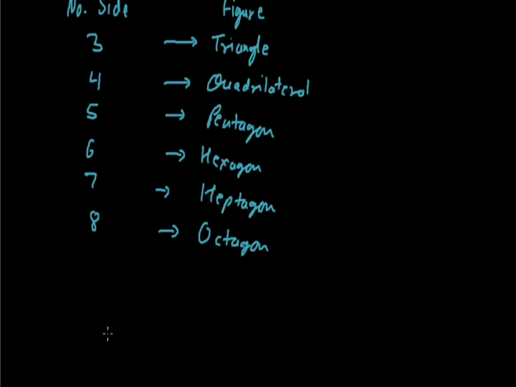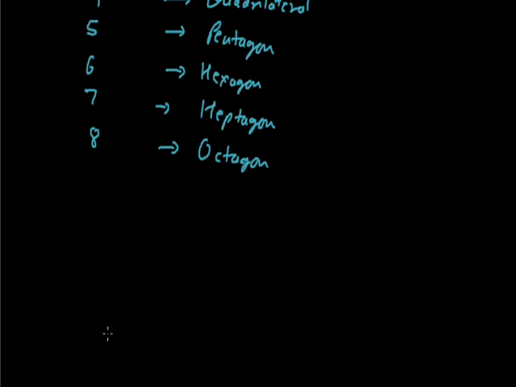Now, we can classify polygons mainly in two categories: convex polygon and concave polygon. In case of convex polygon, let's first draw the diagram of a convex polygon.